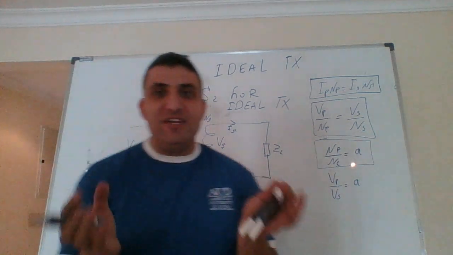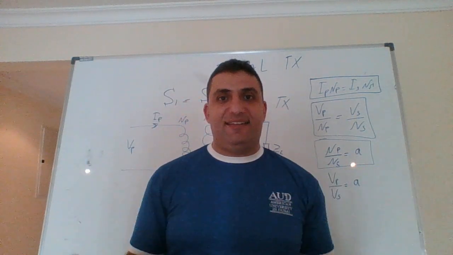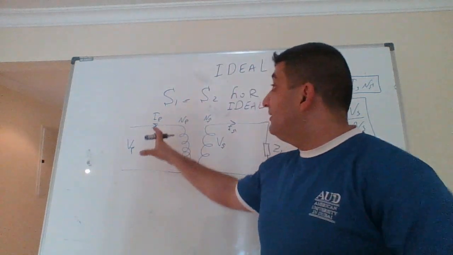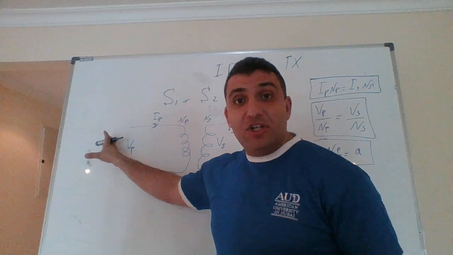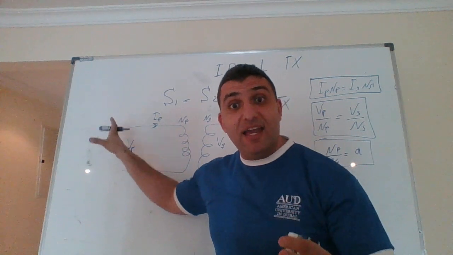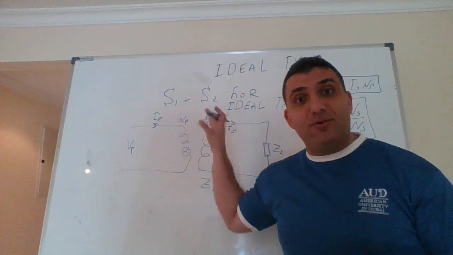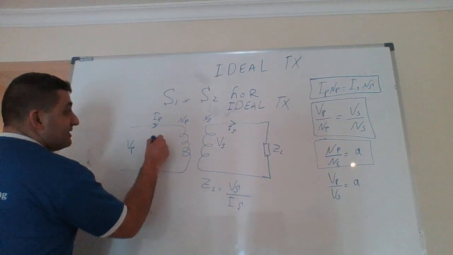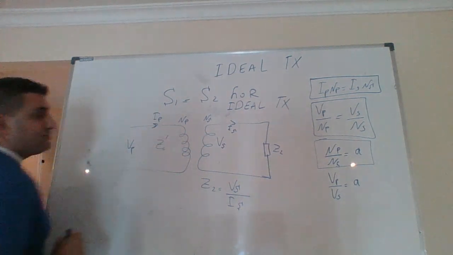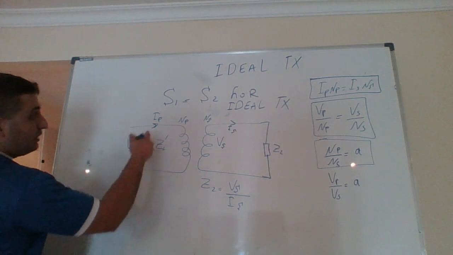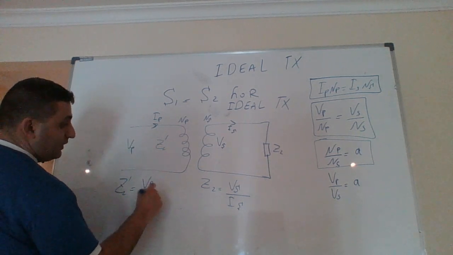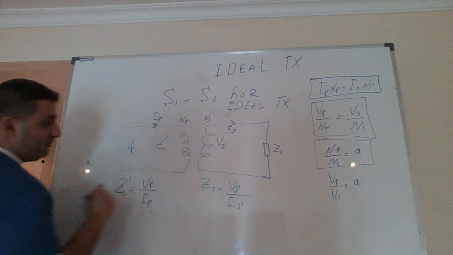I always have V equals IR, V equals IZ. I need to find the Z that the source voltage sees, to allow for this current to go through. I want to call it Z2 dash. Z2 dash will be equal to V primary over I primary.